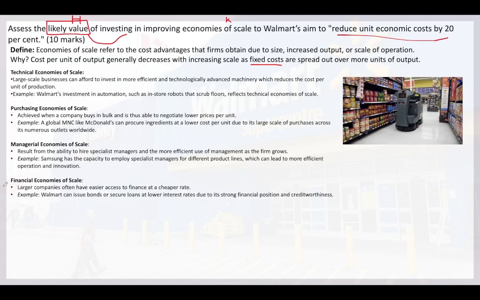Financial. Now, these large companies, remember, they've got massive buying power in some ways. So if they wanted to get finance from a bank or private investors, companies like Walmart are going to look like they're a sound investment.